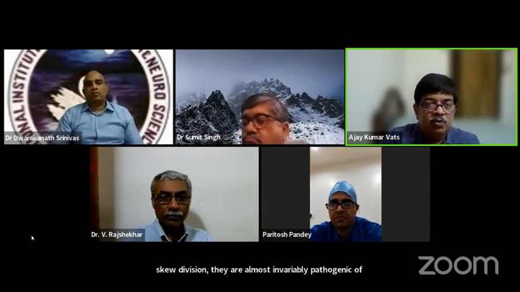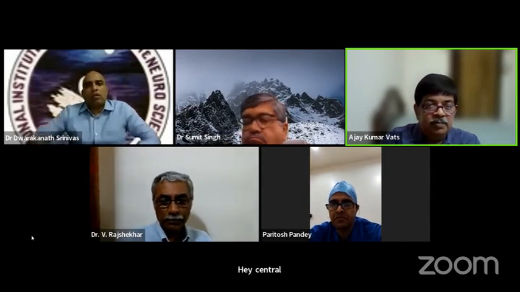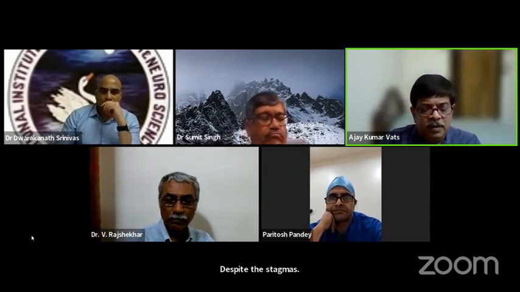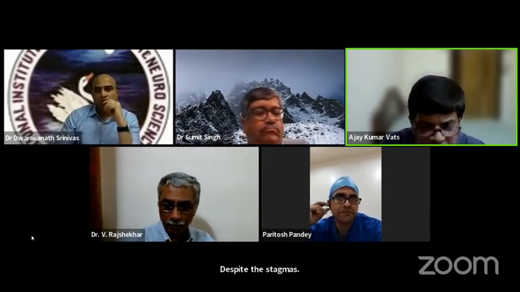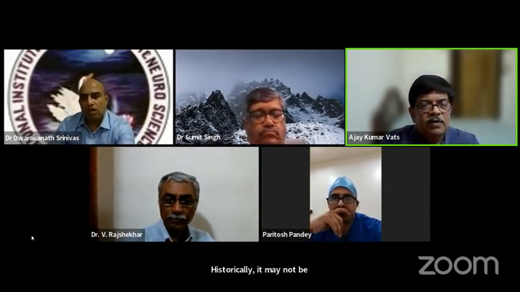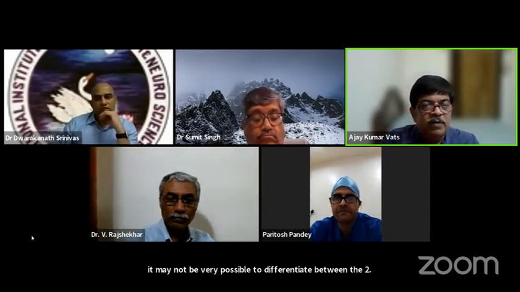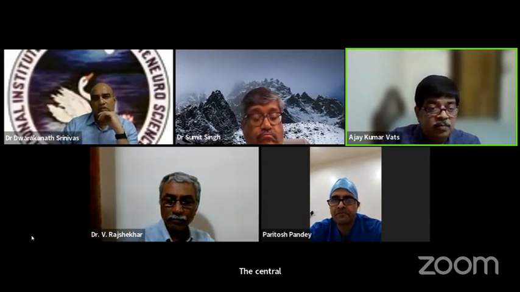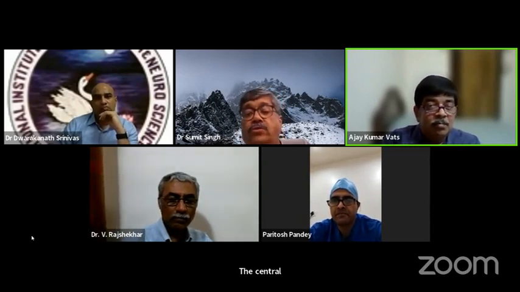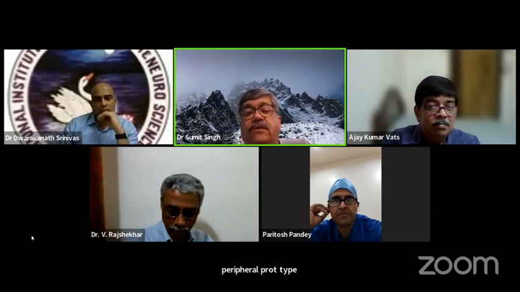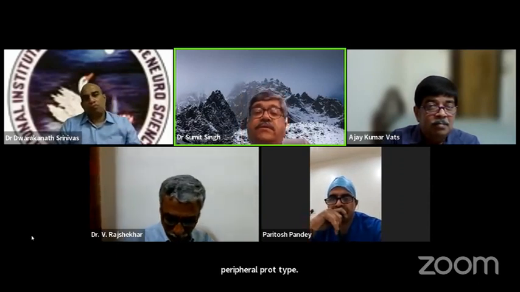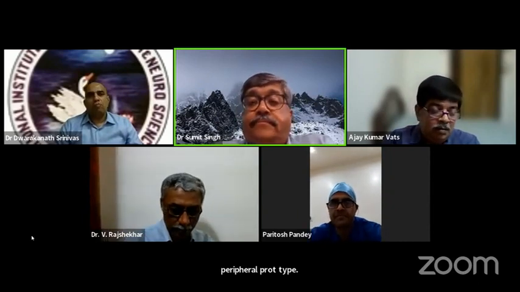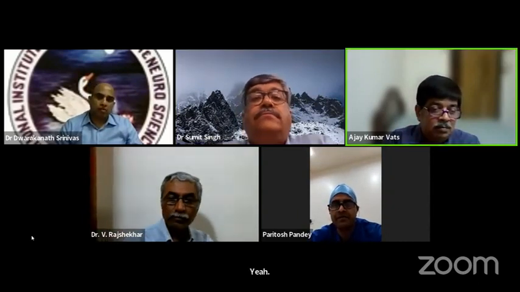So look for these associated oculomotor signs besides nystagmus. Historically, it may not be very possible to differentiate between the two. The central vertigo is usually not very severe compared to the peripheral vertigo. Also, when you examine for nystagmus, latency and fatigability are seen more in peripheral causes as compared to central causes.